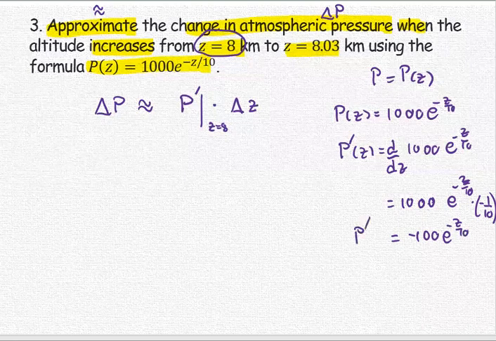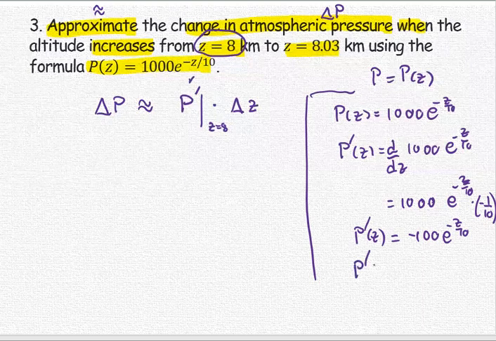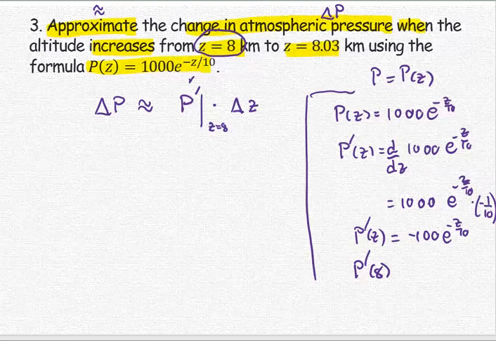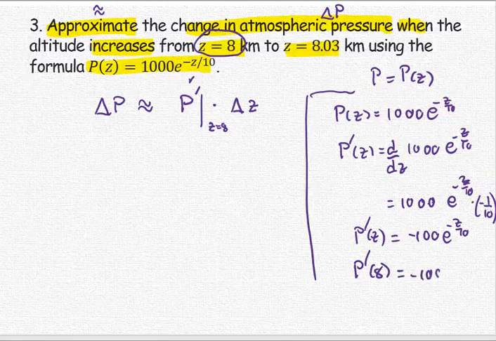This is on the side note that we're gonna get the thing prepared for the main part of the problem. You need P prime, but you're gonna compute at z equals 8, which is the point of interest. So negative 100 times e to the negative 8 over 10, which is negative 0.8. Be careful with the negative sign.